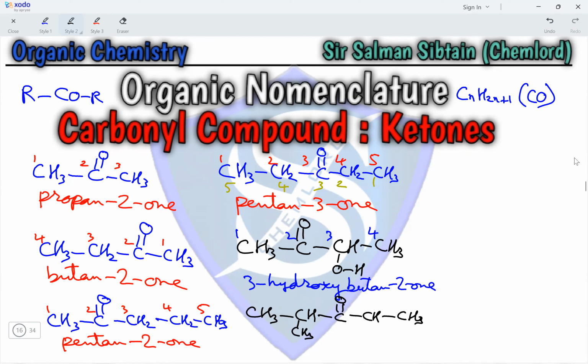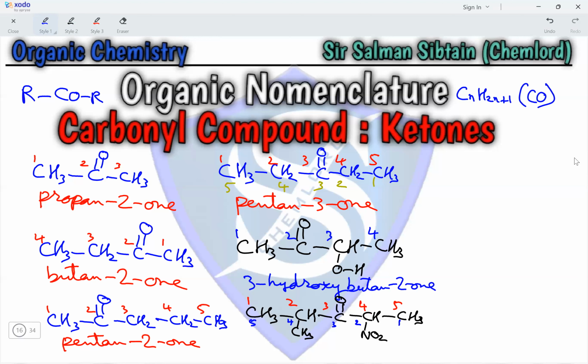Another example would be CH3 CH C double bond O CH CH3 with a methyl group present at one end and a nitro group present at the other end of the C double bond O group, rather adjacent to it. So now the numbering could be done from left to right, 1, 2, 3, 4, 5, or it could be done from right to left, 1, 2, 3, 4, and 5. Now the position of the C double bond O group remains the same.